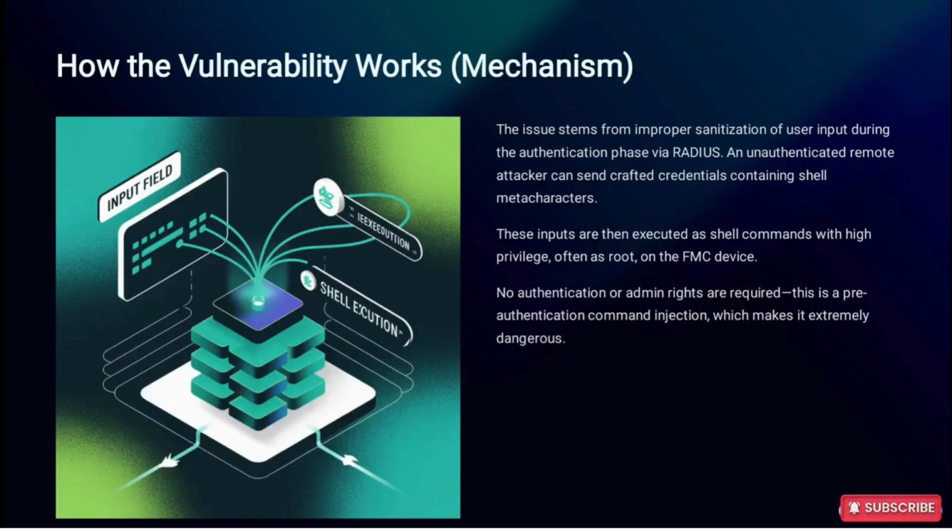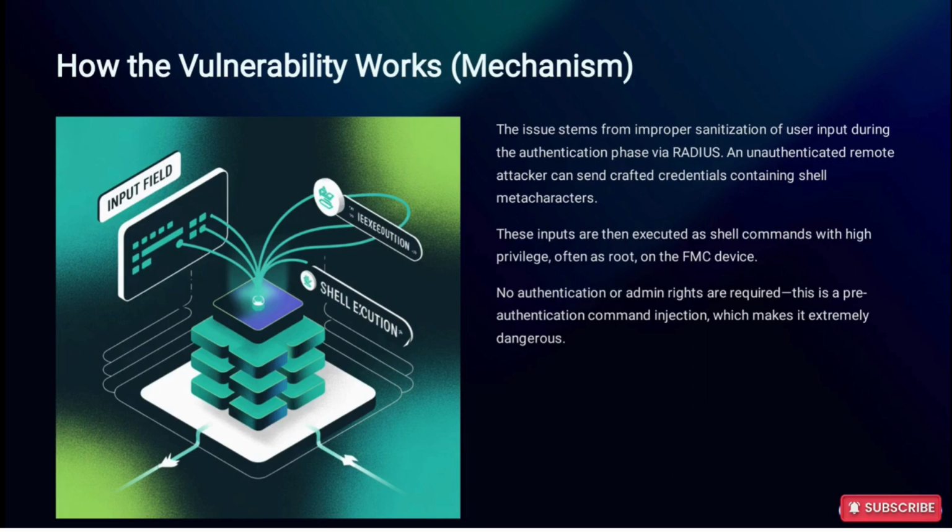Next is how the vulnerability works, the mechanism behind it. The actual issue stems from improper sanitization of user input during the authentication phase via RADIUS. This is the most critical flaw. An unauthenticated remote attacker can send crafted credentials containing shell metacharacters.